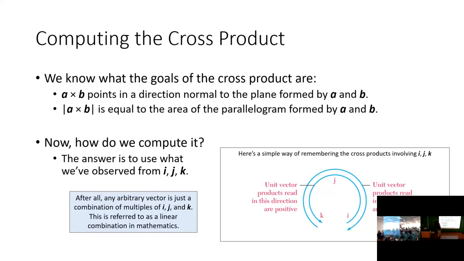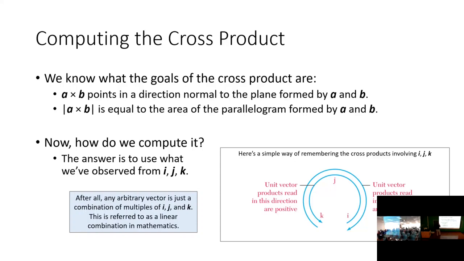Basically, going in one direction, the cross products are positive, and going in the other direction, they're negative. For example, I cross J equals K, and that's positive. J cross K equals I, that's positive. K cross I equals J, that's positive. If you go in the other direction, it's negative. So that's a simple shorthand way of remembering that.